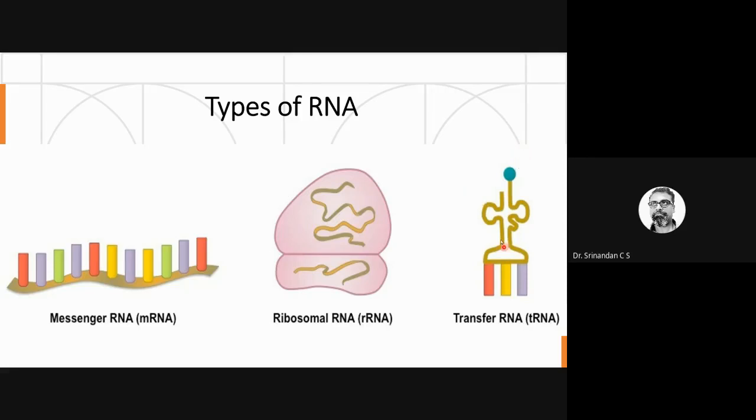So this will actually translate the message which is hidden in the mRNA, and mRNA is getting the message from DNA. Okay, so these are predominantly three kinds of RNA.